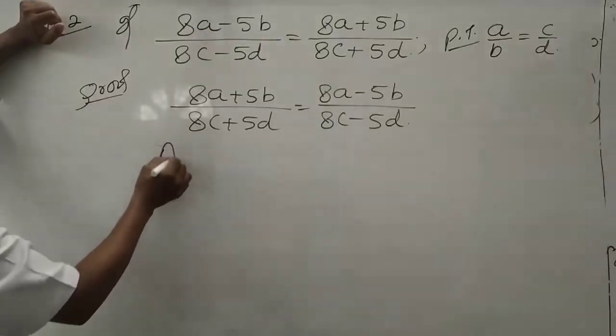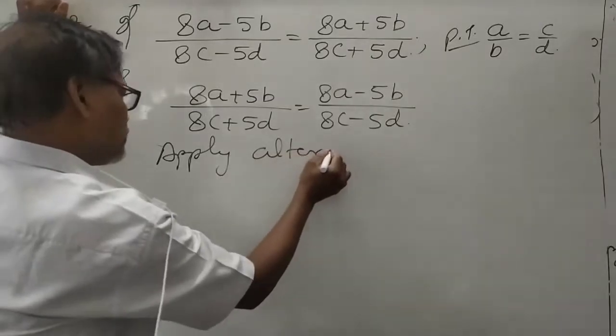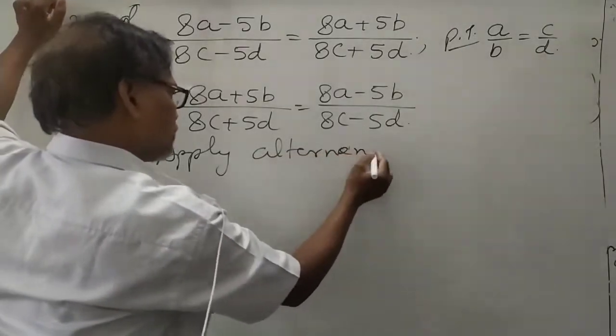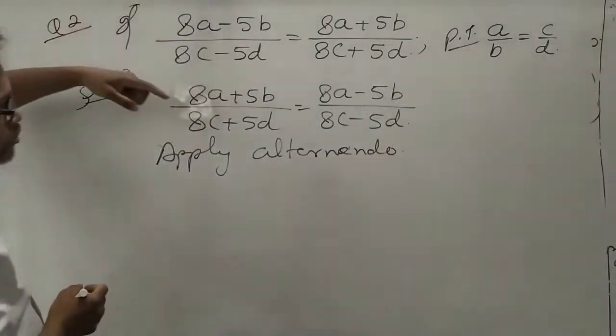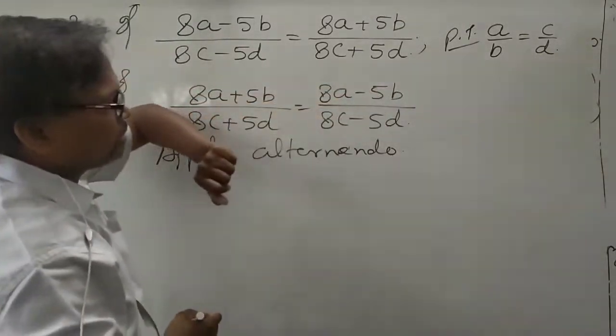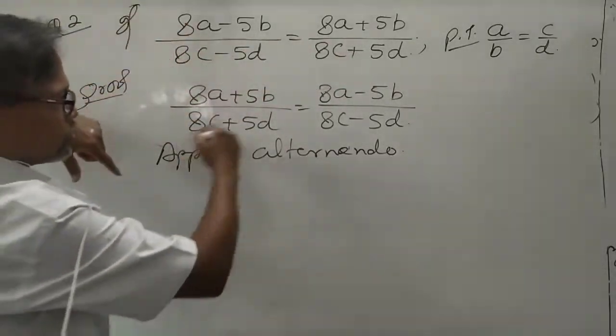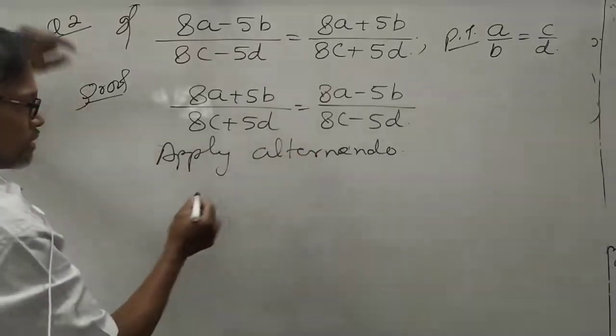Now apply alternendo. Make uniformity: the numerator terms and the denominator terms should be alike, so you can take this right here and write this there. So using this interchanging, apply alternendo.